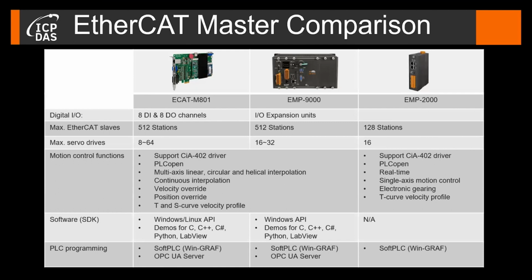The EMP 2000 series, on the other hand, is a pure PLC controller, whose application program has to be written in one of the PLC-defined languages, and currently it does not support OPC UA server. Only single or multi-axis point-to-point movements are implemented, and all motion libraries are defined according to PLCopen specification. All our EtherCAT masters allow the integration of third-party EtherCAT slaves.